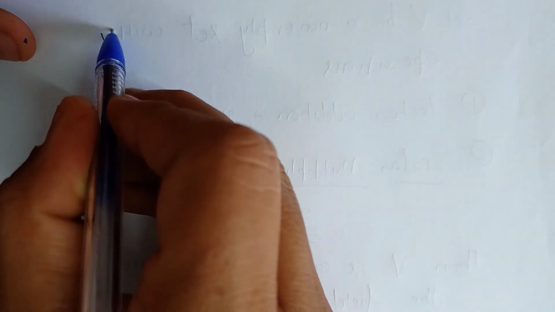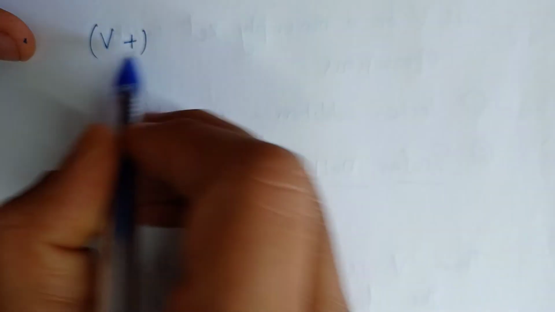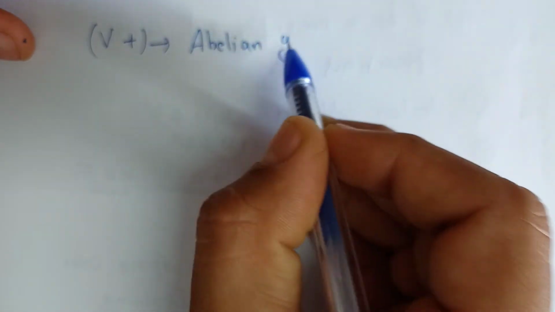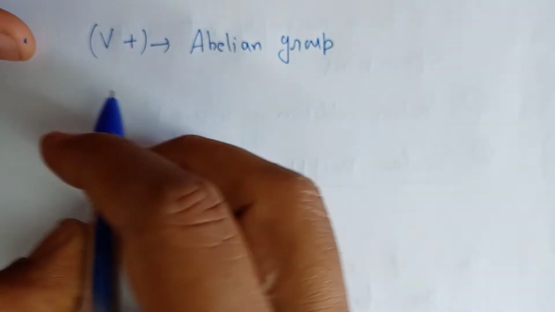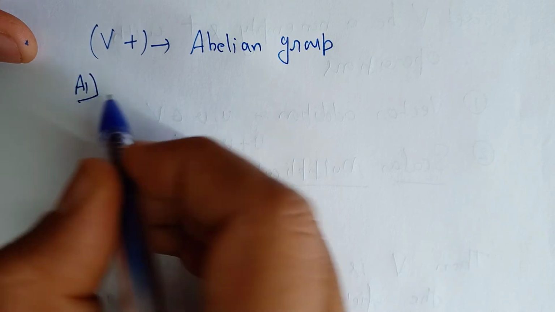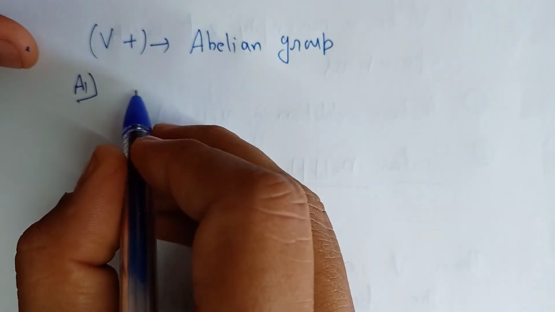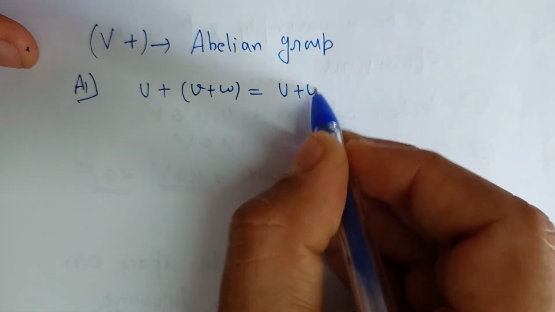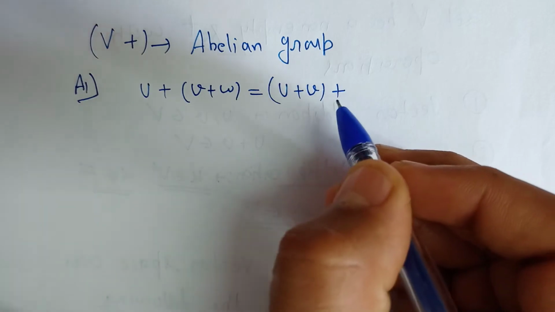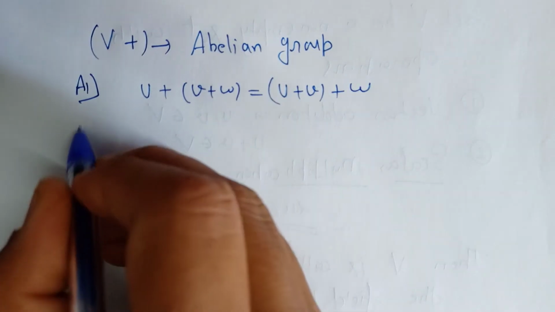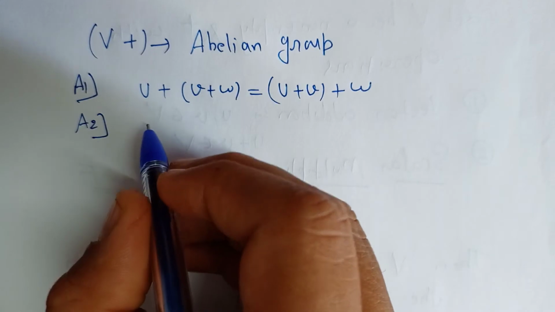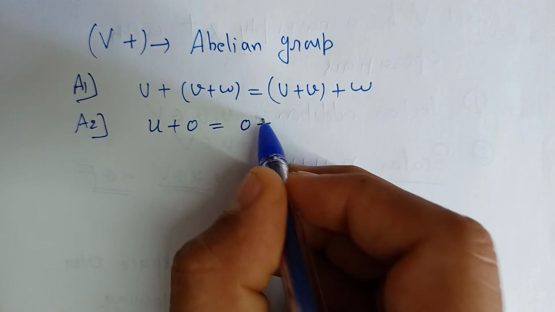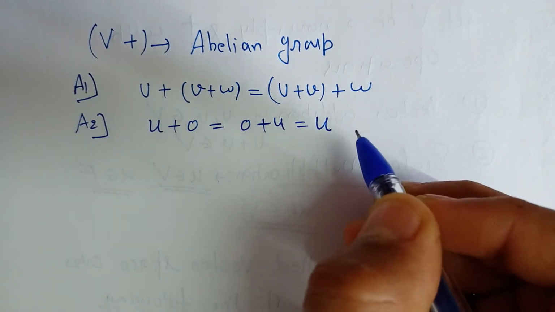So first we have (V, +) forms the abelian group. Abelian group means, A1, the first property, the associative property: (u + v) + w equal to u + (v + w). And A2, we have existence of identity: u + 0 equal to 0 + u equal to u.